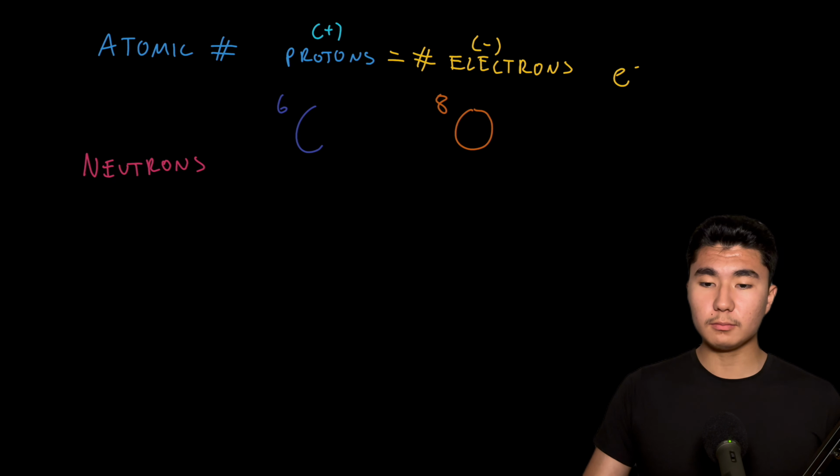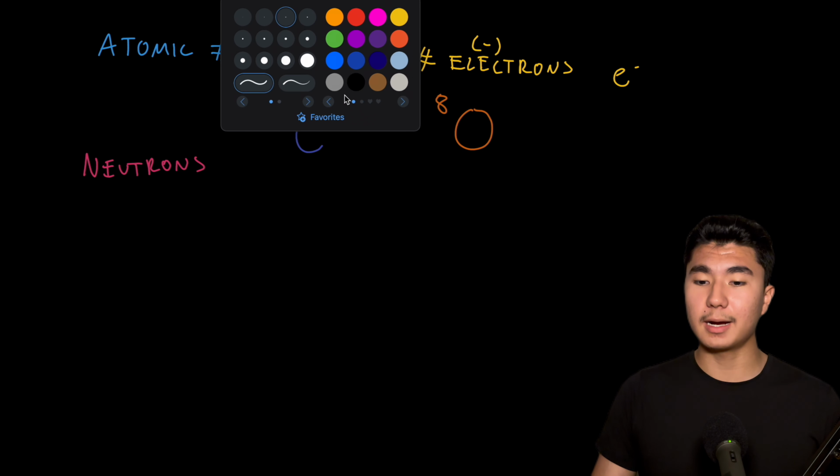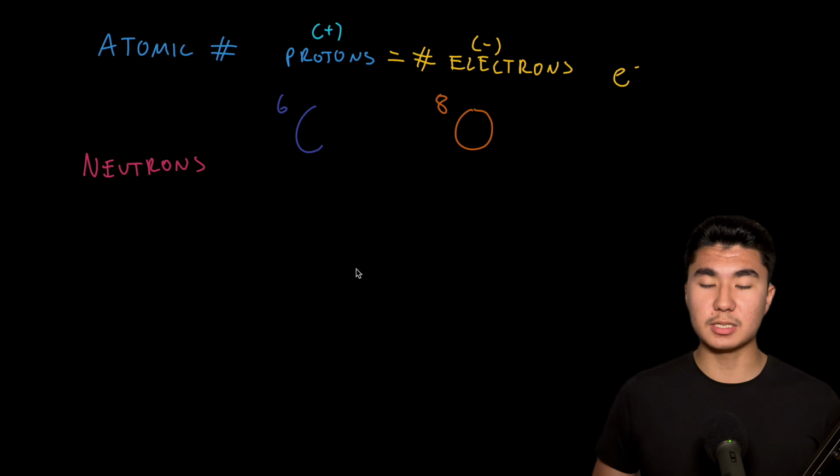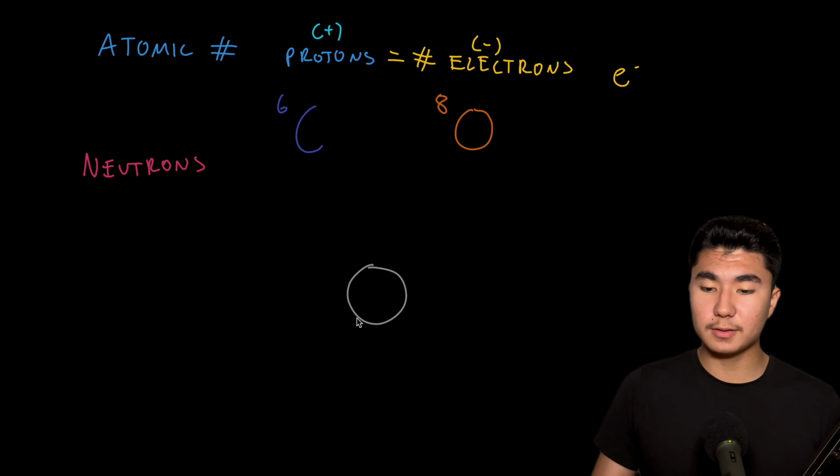So if we look at Bohr's diagram of atoms, and for some of you guys who don't know, Niels Bohr was a scientist who derived the Bohr model, helping us understand atoms and elements in general. So if we have something like, let's just say this is the middle of our atom.